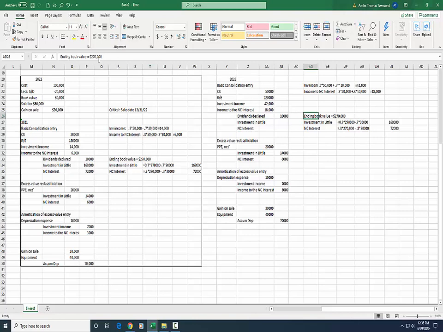So the end-of-year book value is now $310,000. That's their retained earnings, end-of-year value $260, plus their $50,000 of common stock. The investment in little is going to be their share of that $310,000.